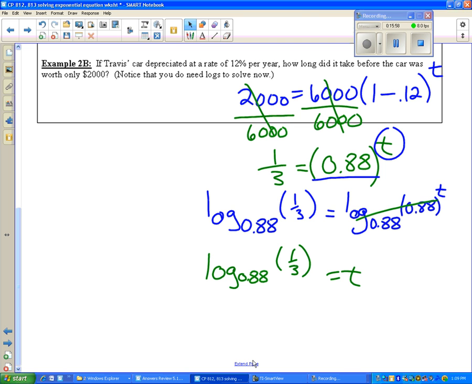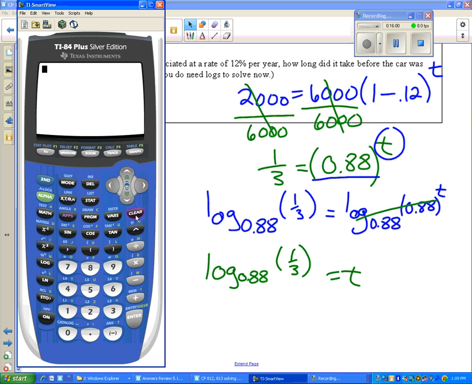So I go back to my handy-dandy calculator. Remember, I have to do the change of base, so I'm going to do log of 1 divided by 3 divided by log, not natural log, but log of 0.88.